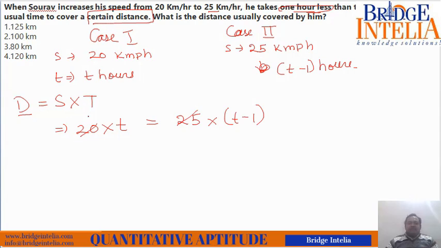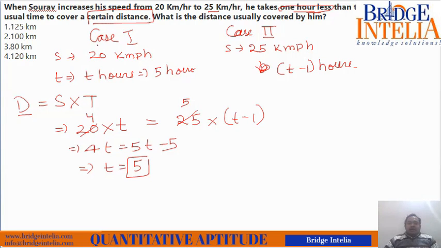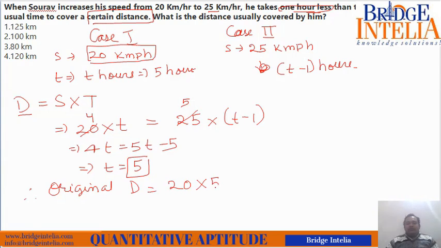So 20 and 25 you can cancel: 4t is equal to 5t minus 5. So from here t comes out to be equal to 5. It means initially he took 5 hours and he was traveling at 20 kilometers per hour. So therefore the original distance or total distance is equal to 20 into 5, 100 kilometers.